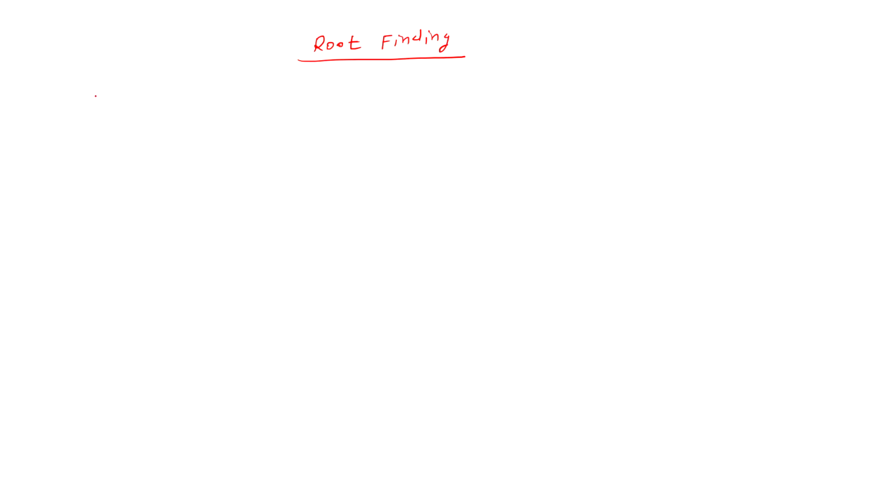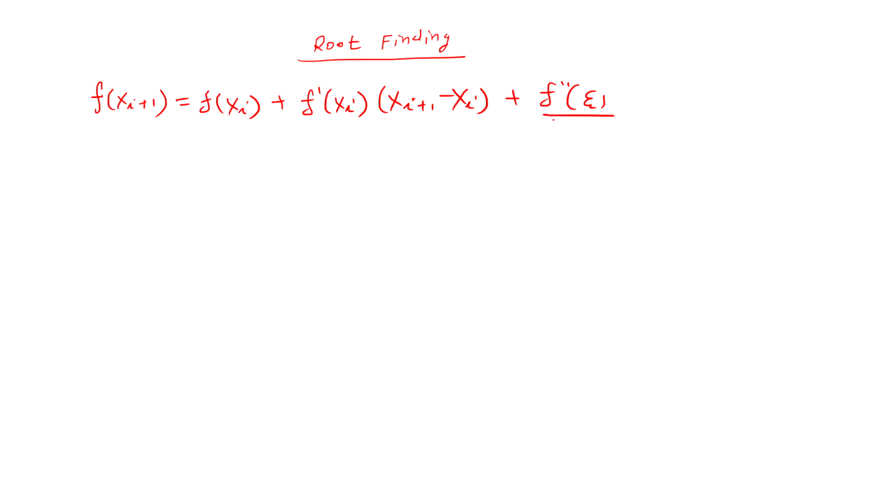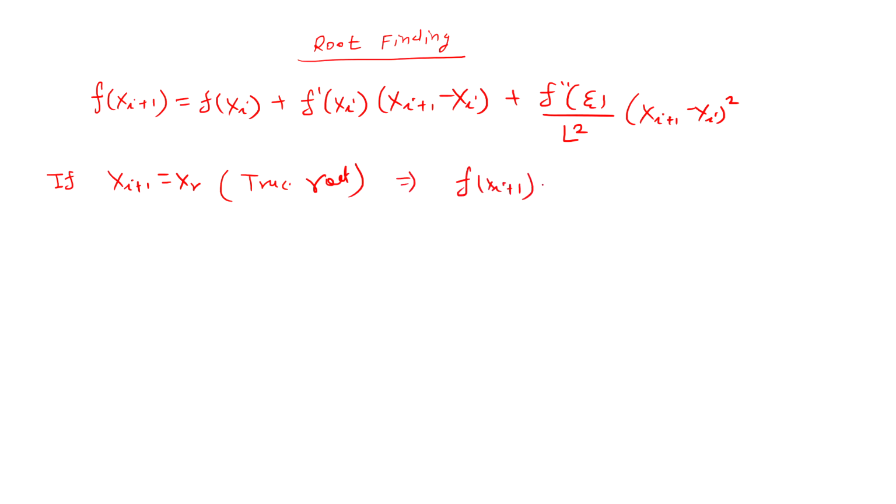So we have f of x_{i+1} equals f of x_i plus f prime x_i times (x_{i+1} minus x_i) plus f double prime chi upon factorial 2 times (x_{i+1} minus x_i) to the power 2. Now if x_{i+1} is x_r, the true root, then f of x_{i+1} is 0.